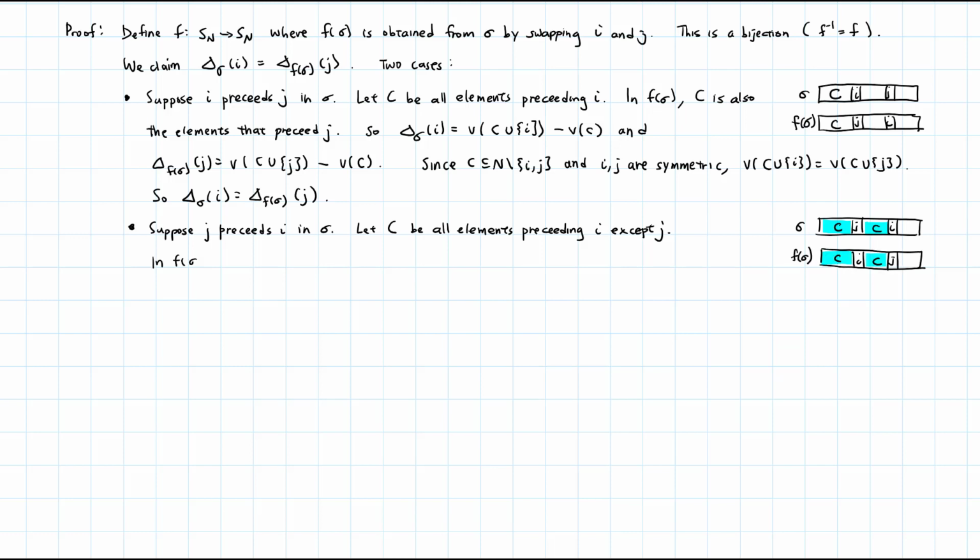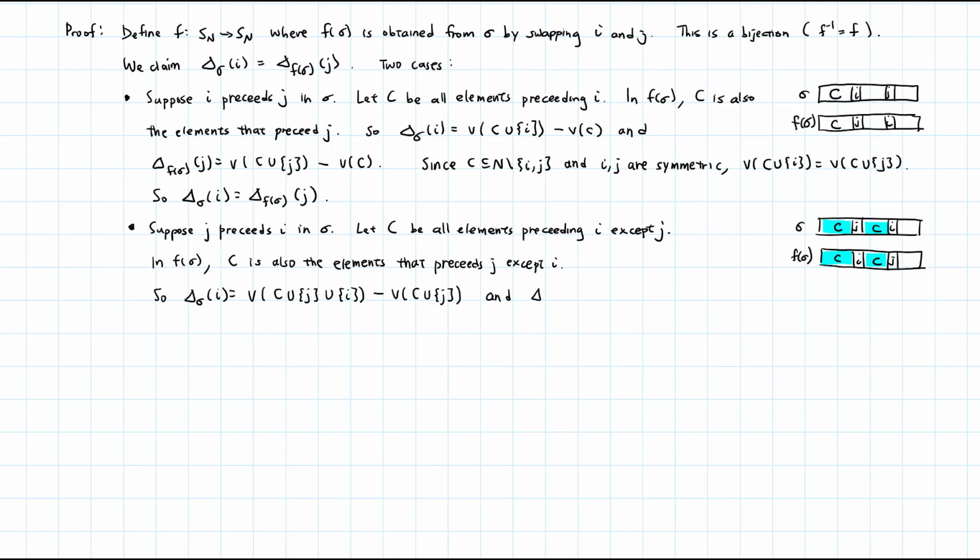In f of sigma, C is also the elements that precede j except for i. So the marginal contribution of i in sigma is V of C union j union i minus V of C union j.